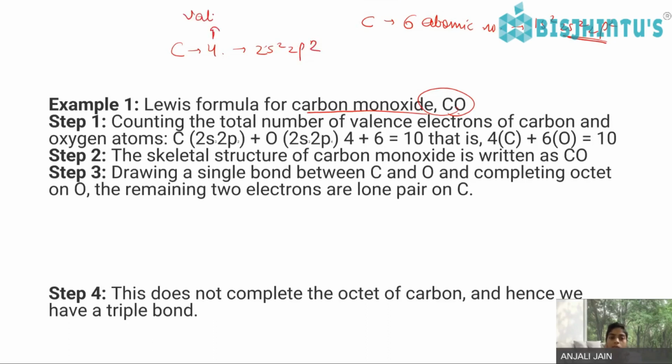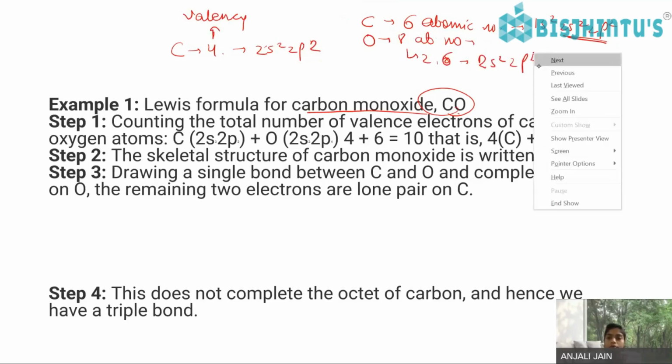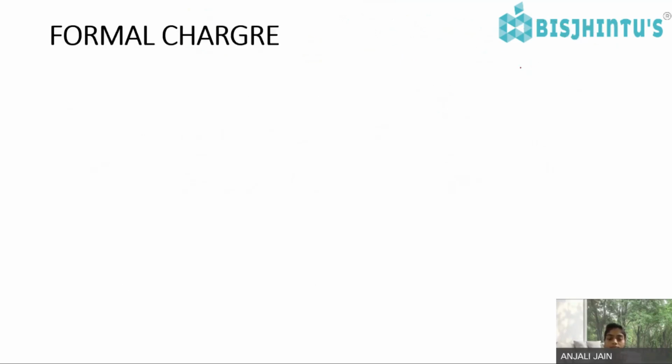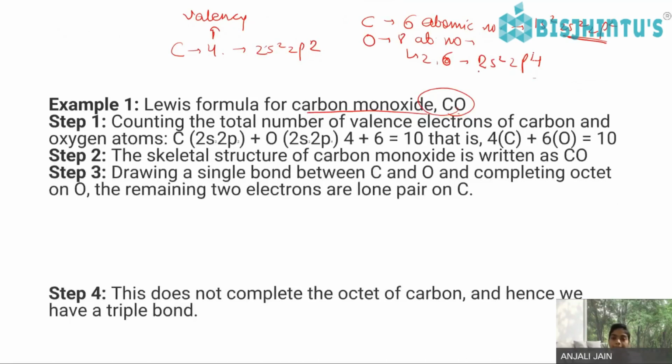Valency is 4. Oxygen has atomic number 8, so 1s2 2s2 2p4, and its valency is 6.